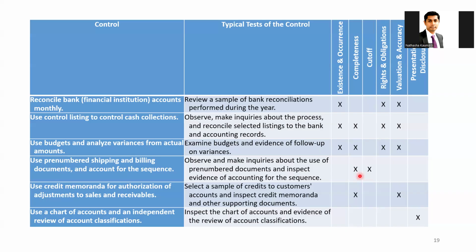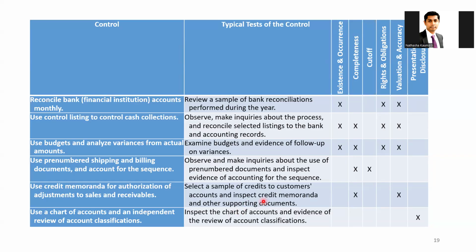And then use credit memos for authorization of adjustments to sales and receivables. So when there are any adjustments to sales, credit memos should be there. So select a sample of credits to customers' accounts, and inspect the credit memos and other supporting documents. You are trying to see whether they have prepared the credit memos, whether these credit memos have been approved properly.